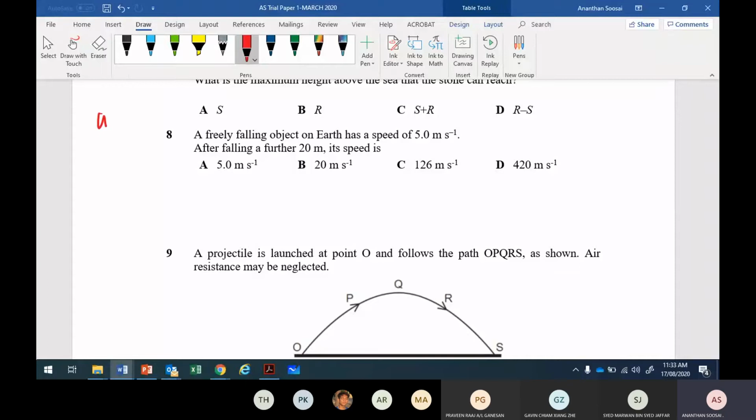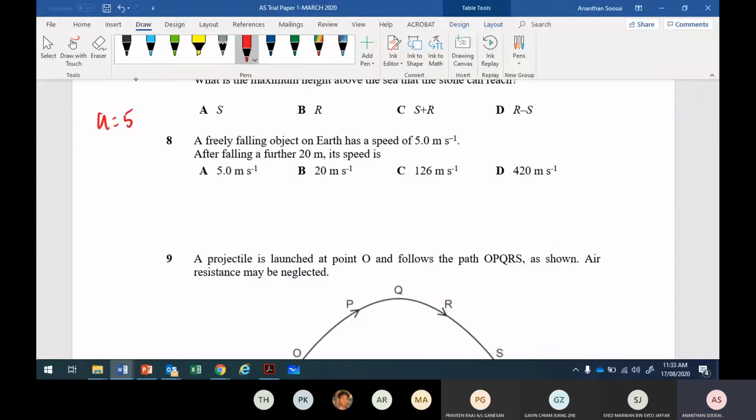So u is 5 meters per second, a we know is 9.81, then s is 20. We're looking for the final speed, right? So v squared equals u squared plus 2as. You put in all the information, then you get the answer.